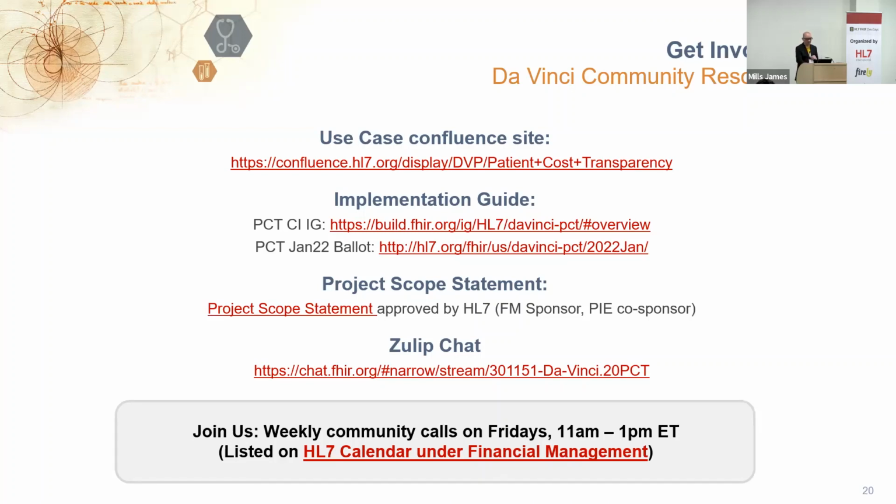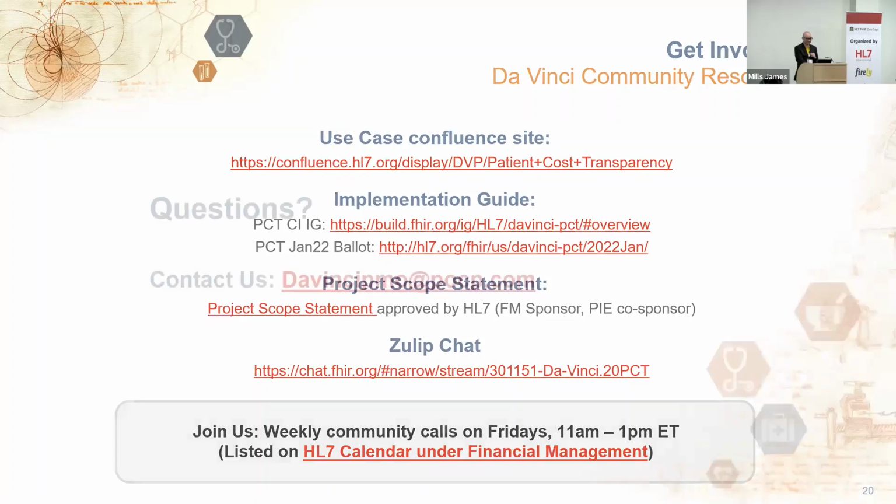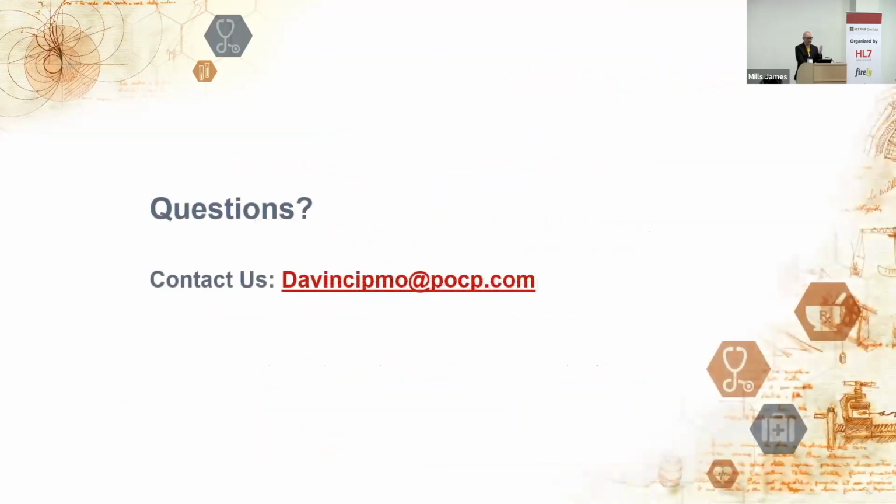We're being overseen by Financial Management and co-sponsored by the Payer Provider Interoperability Group. This is the main contact for our Da Vinci PMO, and there'll be a bunch of references after, covering acronyms I may have thrown out that I didn't explain, and other reference implementations.